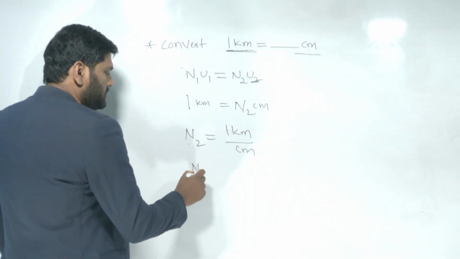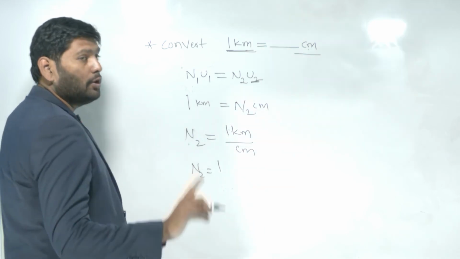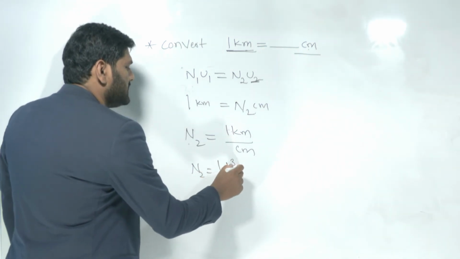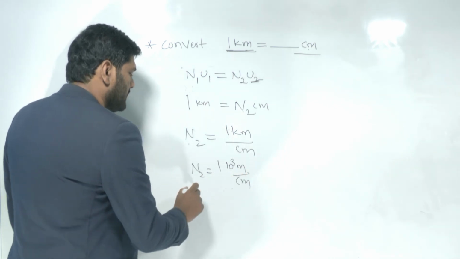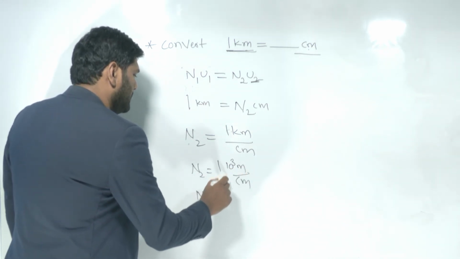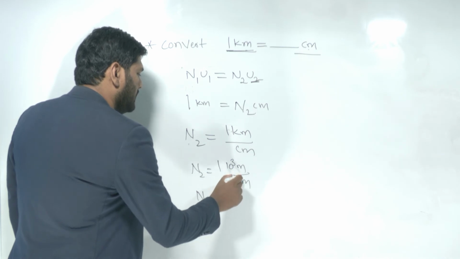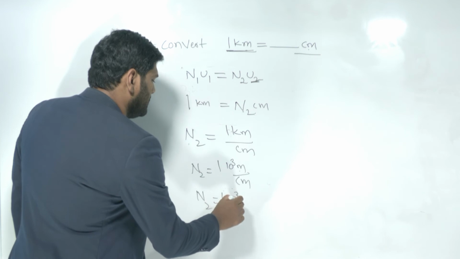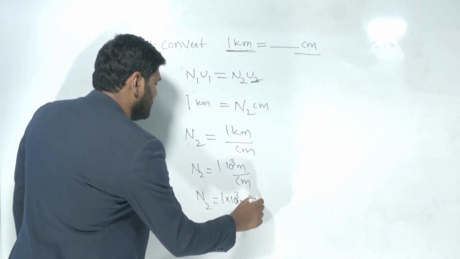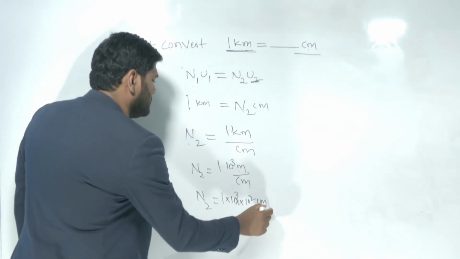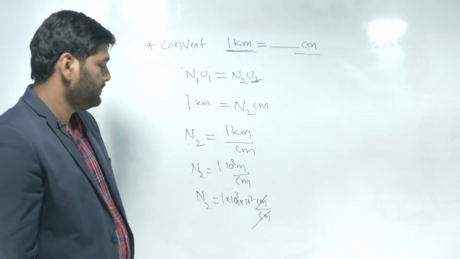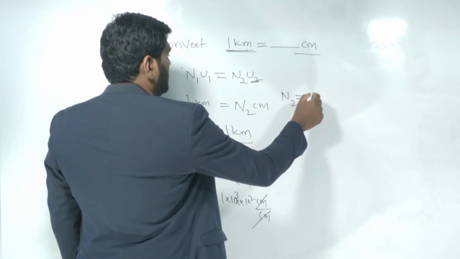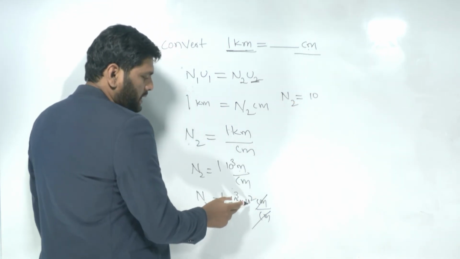But here, kilometer we can express as 10 power 3 meter by centimeter. N2 is equal to 1 into 10 power 3. Meter I can write as 10 square centimeter by centimeter. Centimeter cancels. So N2 is equal to 10 power 3 here, 10 square here.